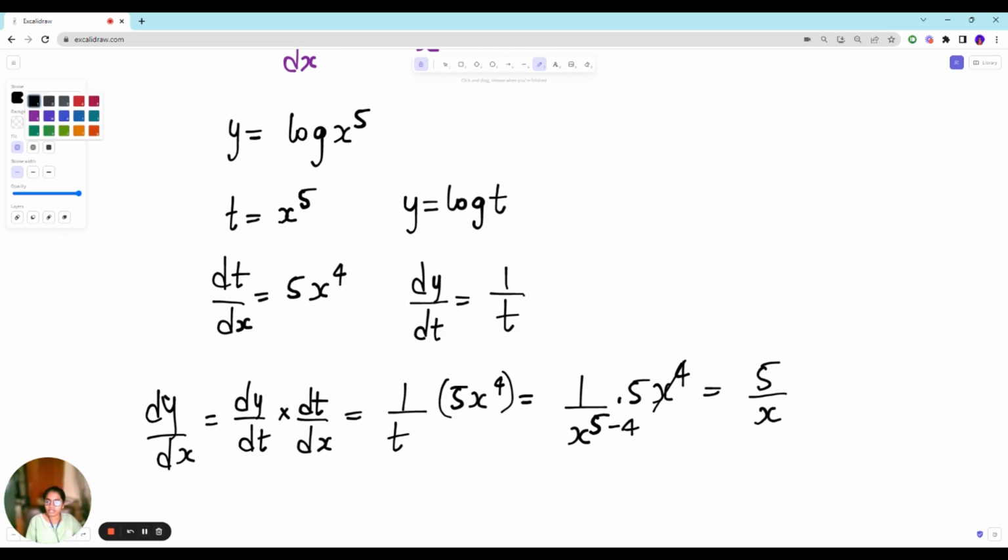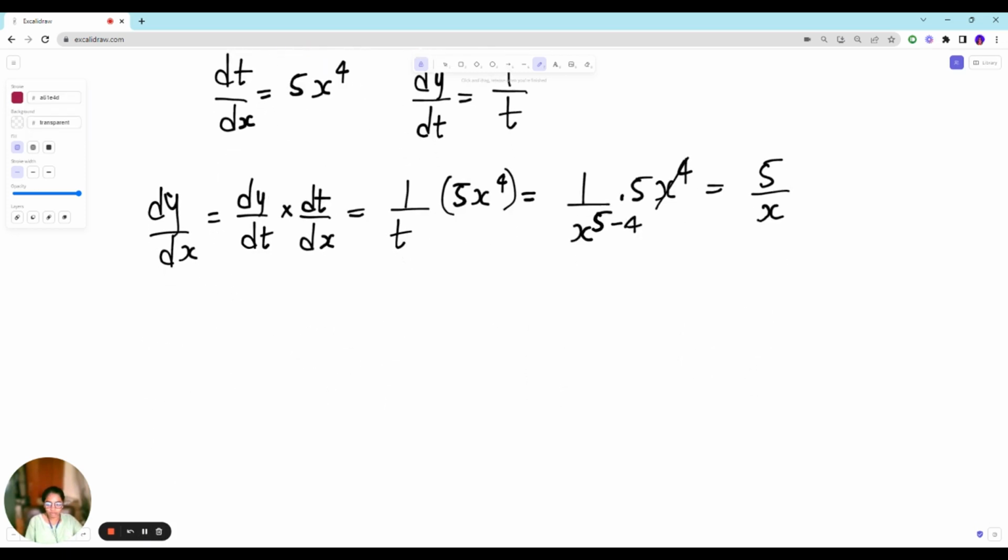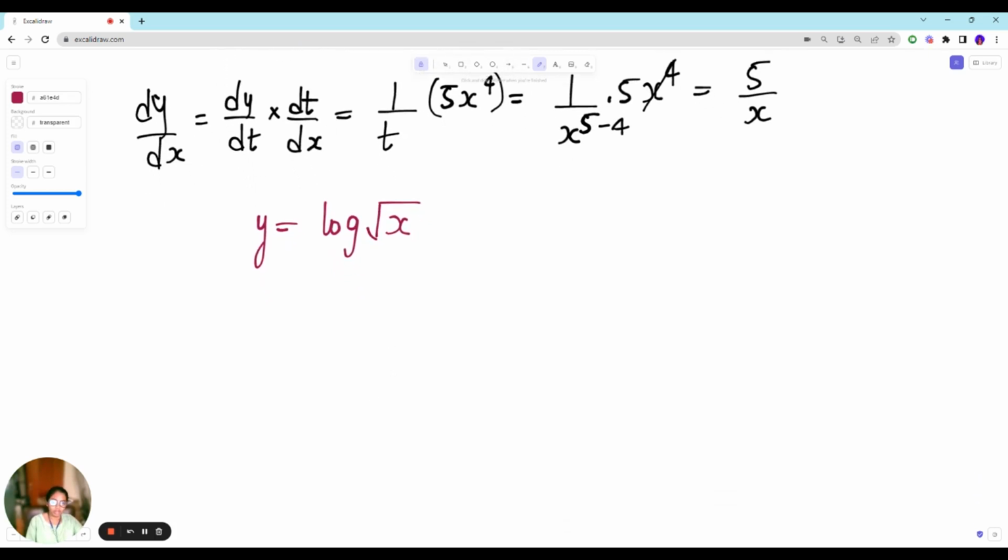Moving on to our next question. Find the derivative of y is equal to log square root of x. Now, what should I take as t? If I had only log x, I can directly write it as 1 divided by x.